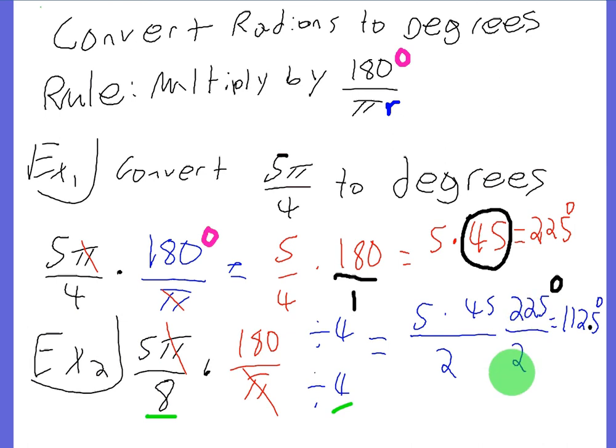Now, a fraction doesn't really make sense for degrees, so we're going to just convert that to a decimal: 112.5 degrees. So 5 pi over 8 is actually 112.5 degrees. I guess you could think of it as half of 225, but that's what it is as a decimal. So sometimes when you convert from radians to degrees, you do get a decimal.